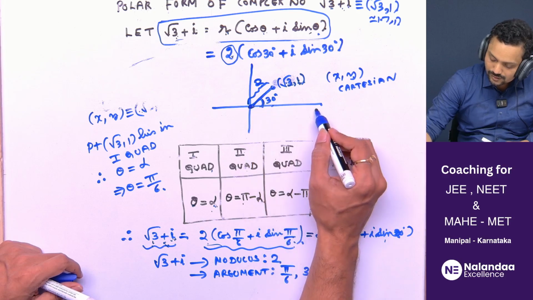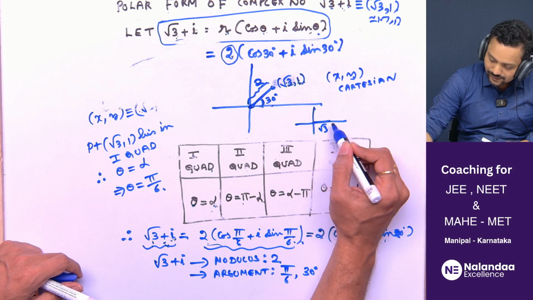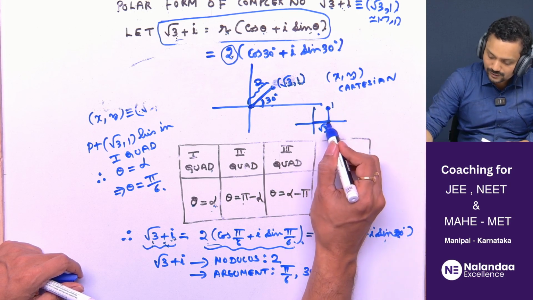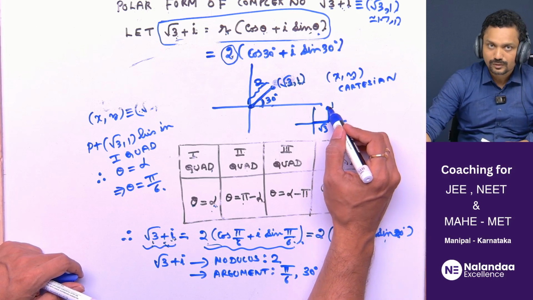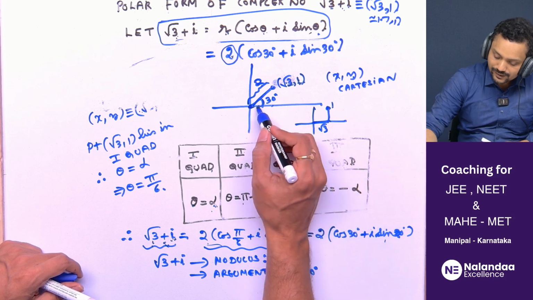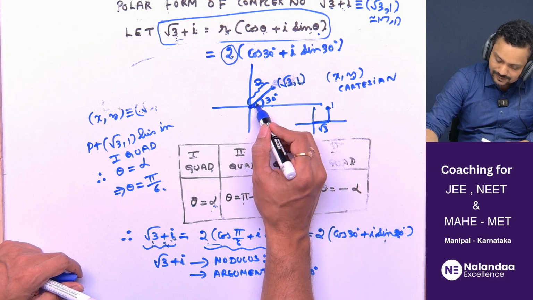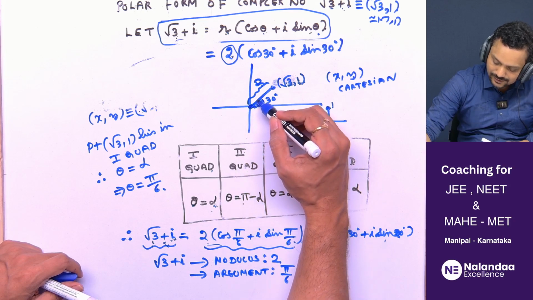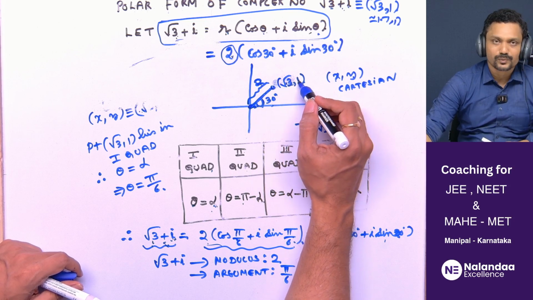Either you go root 3 units along the x axis and 1 unit along the y axis, and you will reach this point. Another way is to make an angle of 30 degrees at the origin and go 2 units in that direction, and you reach the same point.